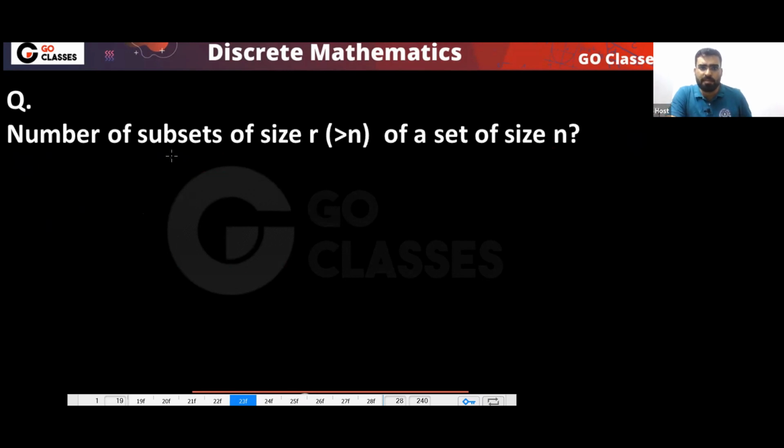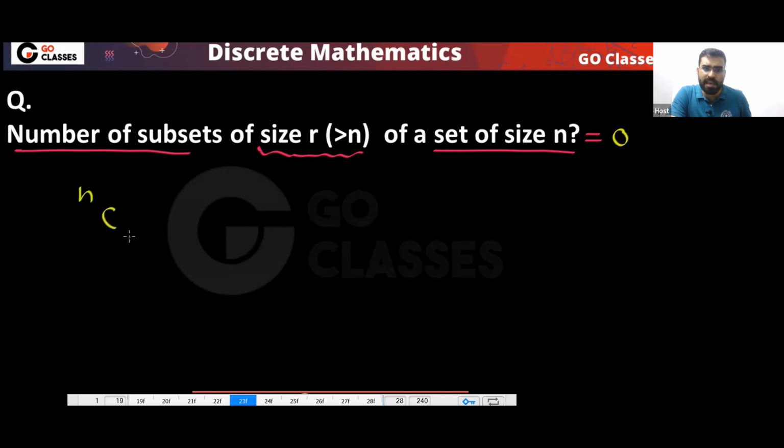Next, tell me the number of subsets of size r, where r is greater than n, of a set of size n. How many subsets can you create? That also will be 0. You cannot create any subset of size r greater than n from a set of size n.